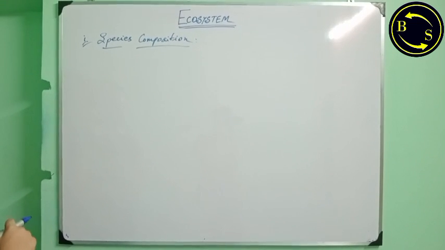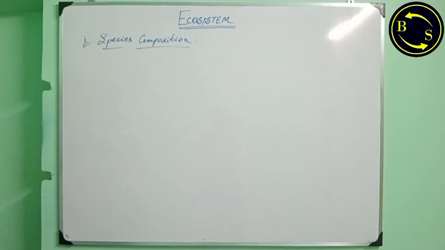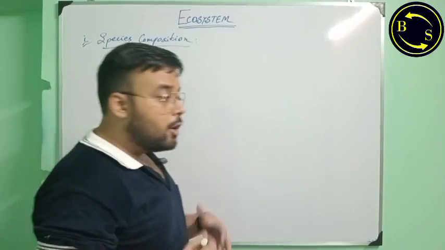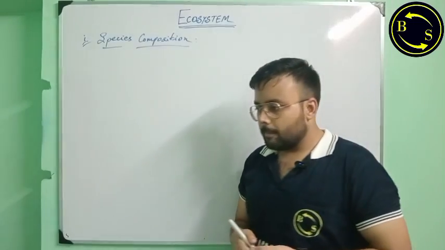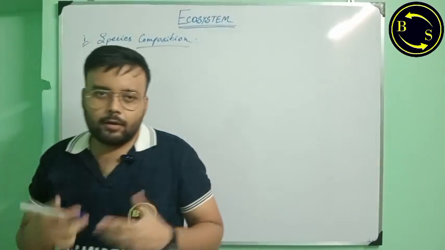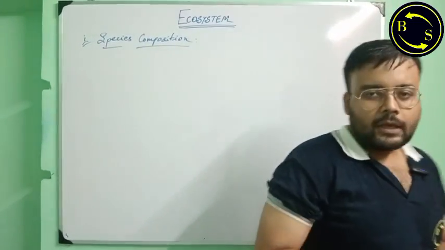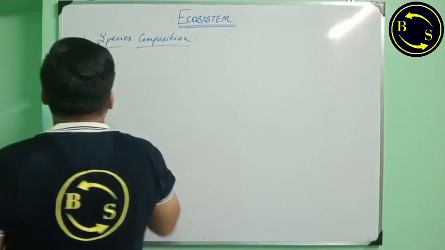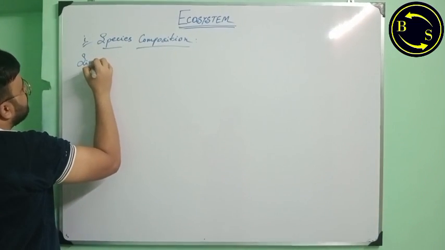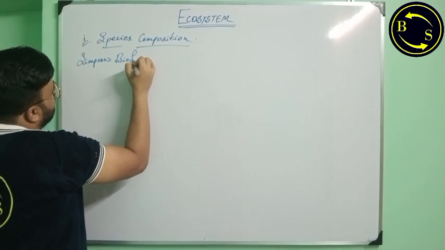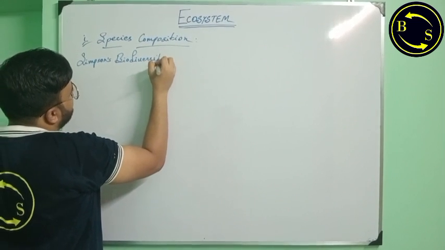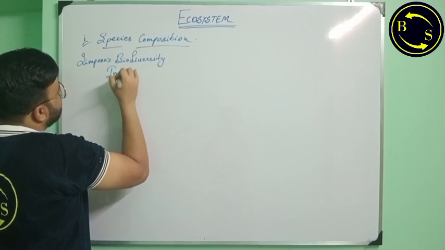Now, what do you mean by species composition? Species composition is nothing but biodiversity. It indicates the richness of an ecosystem. This richness or biodiversity is measured by Simpson's biodiversity index.